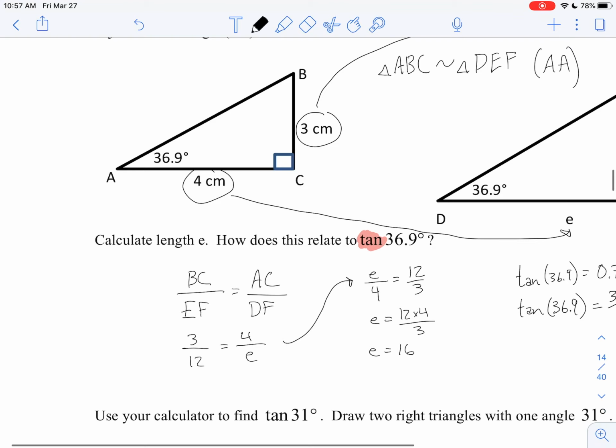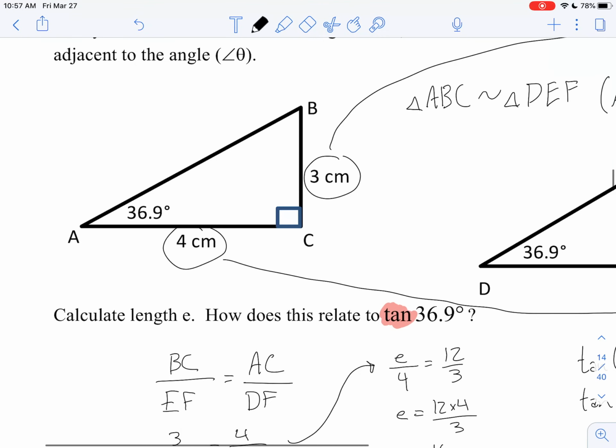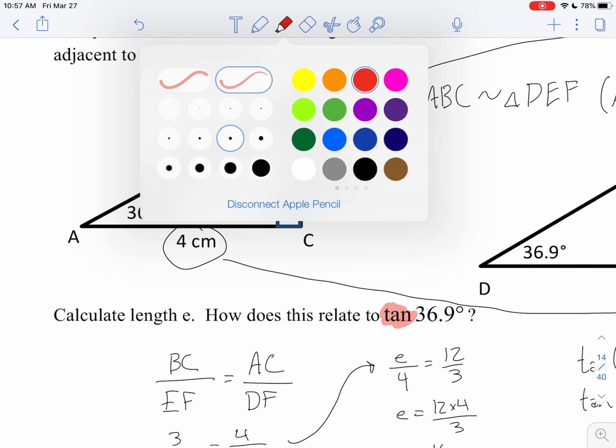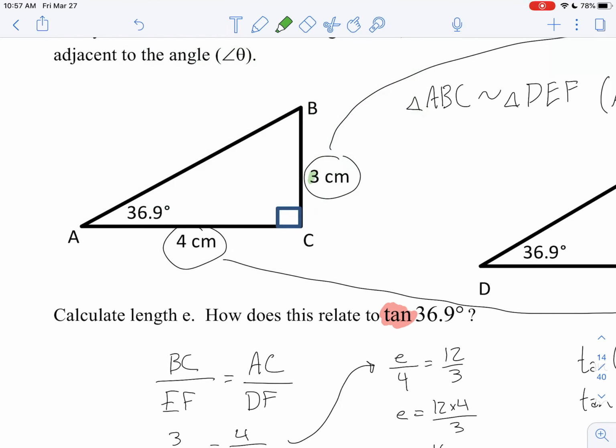So if I go back to my original triangle and take a look at my two side lengths, 3 and 4, they're saying the tan of this angle is equal to 3 divided by 4, or 0.75. So we're going to take a look in the next triangle and see if that's true.